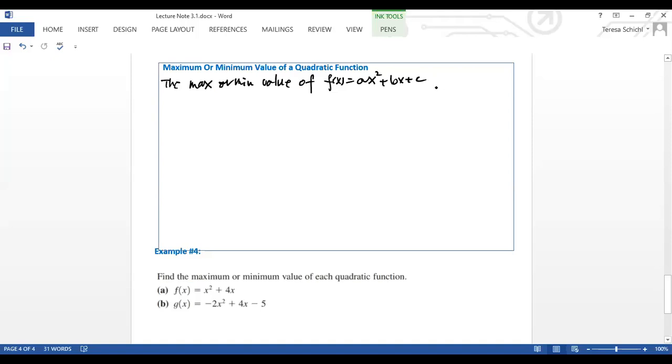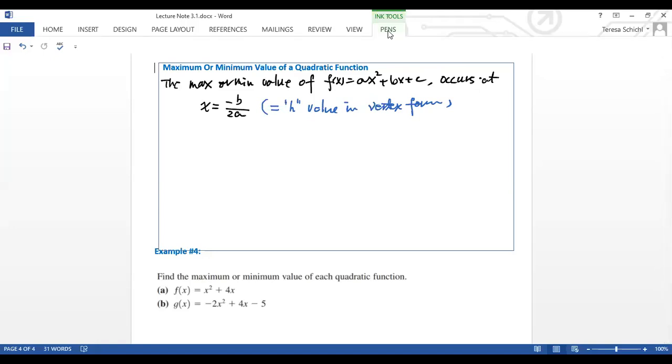So the maxima or minima occurs at x equal to the what? Negative b over 2a. So basically, it's telling you, right? So this one is equal to the h value in the vertex form. Okay, so if you change it to the vertex form, that's what x is, but you don't have to.